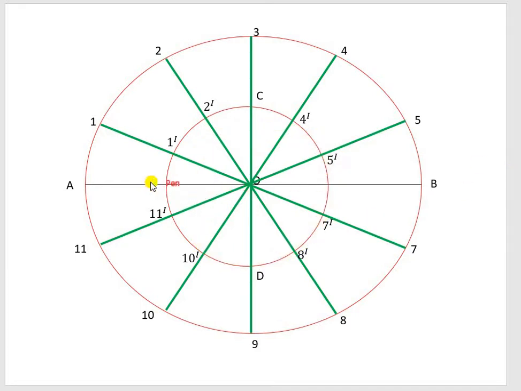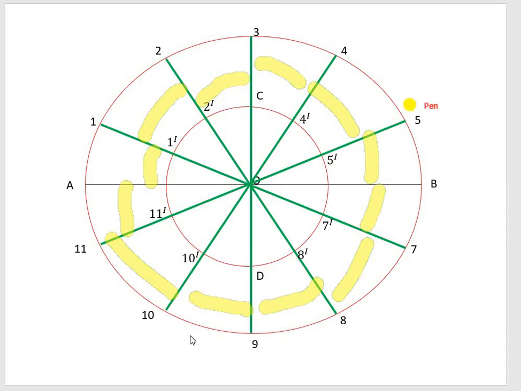So if I have to divide in 12 equal parts, this one will be 30 degrees, this one will be again 30 degrees, and so on, 30, 30, 30, and 30. So in this way, I have to divide the entire circle into 12 equal parts, each sector having an angle of 30 degrees.